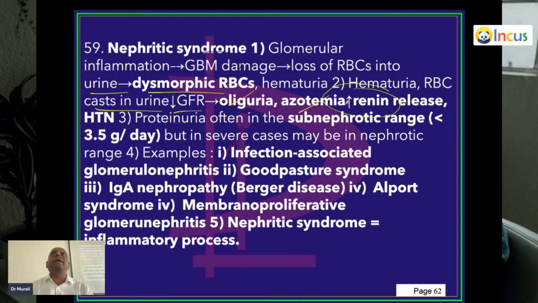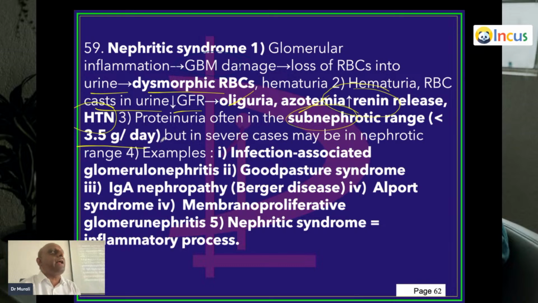There is an increased renin in the patients who have nephritis. Increased renin will lead to increased aldosterone, leading to increased sodium retention, leading to hypertension. And in this nephritic syndrome also there is a proteinuria. But proteinuria is subnephrotic range, less than 3.5 grams per day.